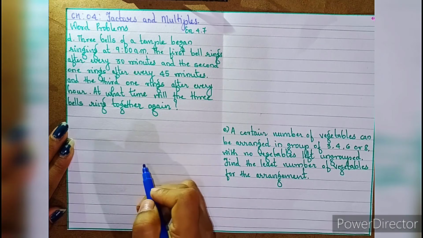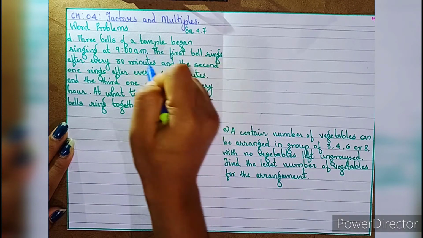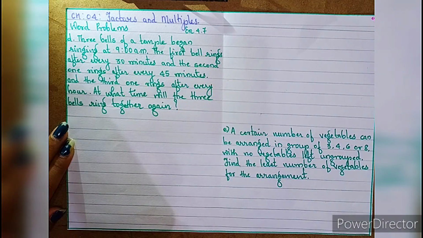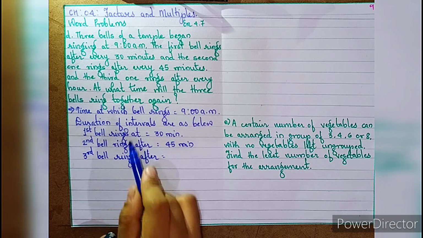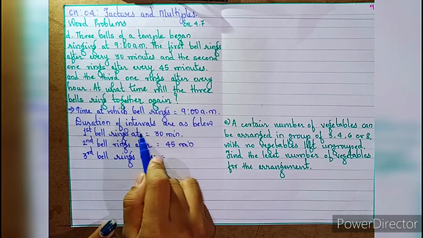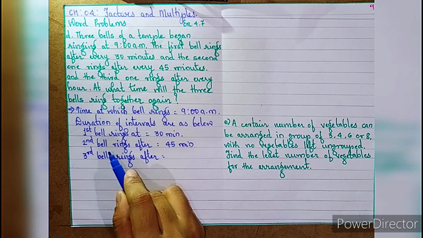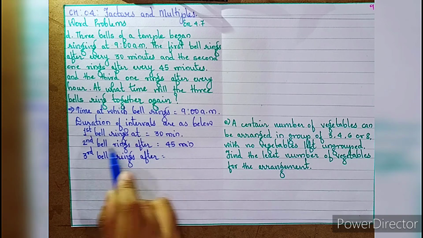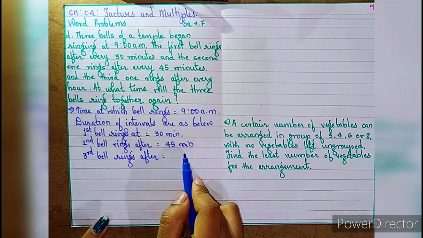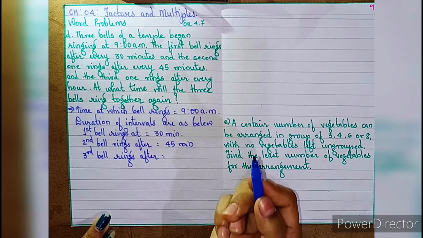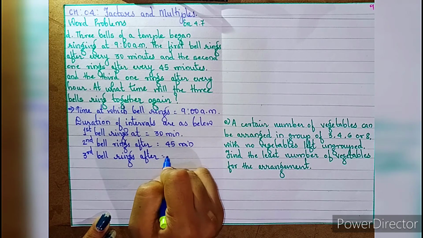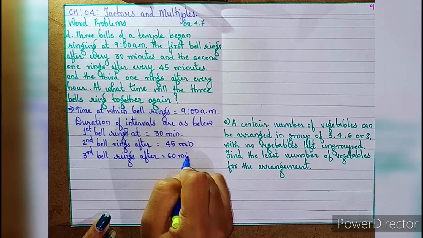What all things are given? The time is given and the intervals are given. Thus, the time at which the bells begin ringing is 9 am. Duration of intervals are as below. The first bell rings after 30 minutes, the second bell rings after 45 minutes, and the third bell rings after an hour. An hour means 60 minutes, so we have to write it as 60 minutes.